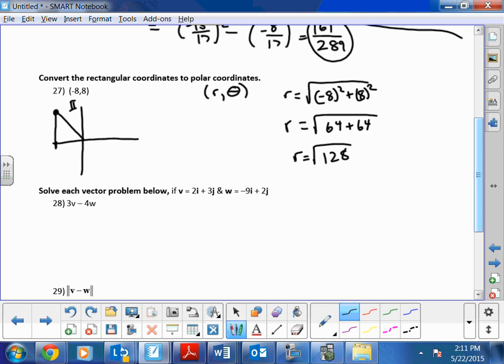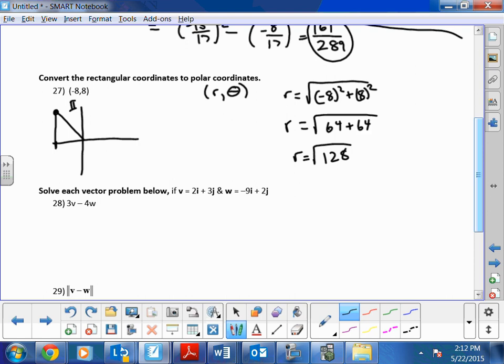You might be able to divide that by 16 and reduce it even further. The other part I want to go over with you is on your formula sheet. What we want to achieve is the angle theta.